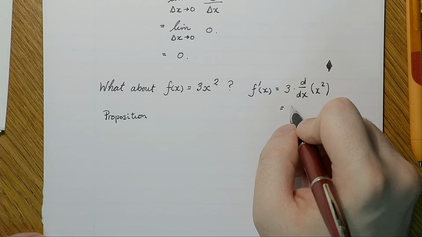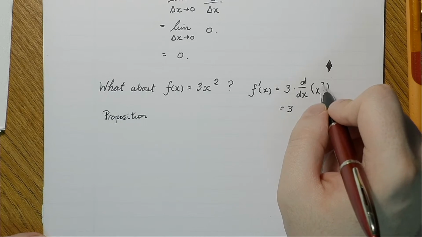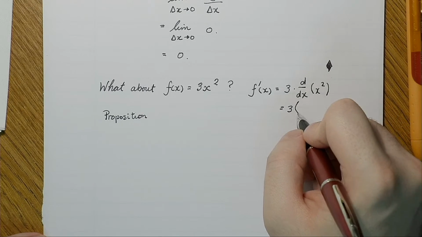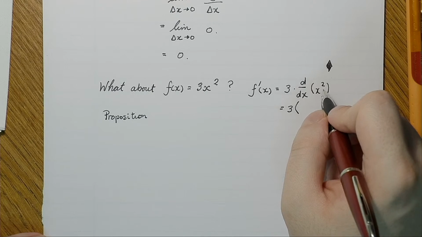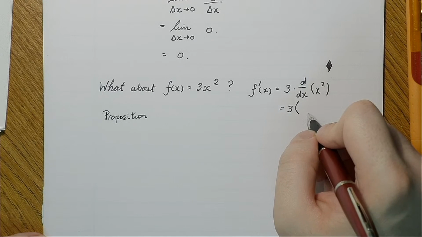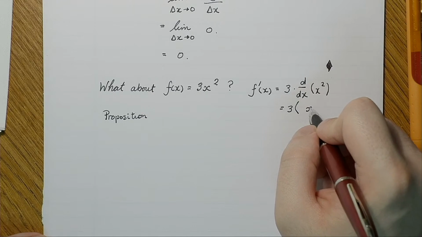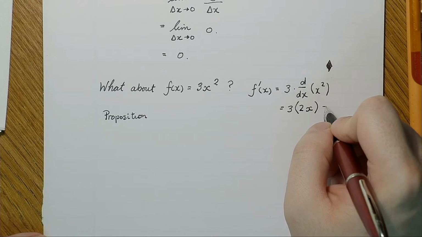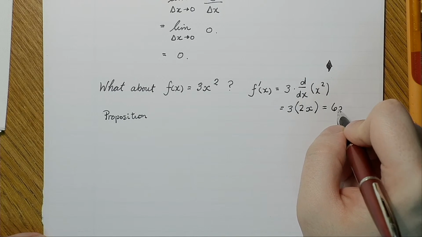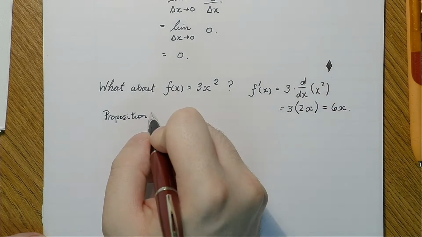We have a rule for that. Taking the derivative of x squared, we know, is 2x, so it would be nice if it was 6x.